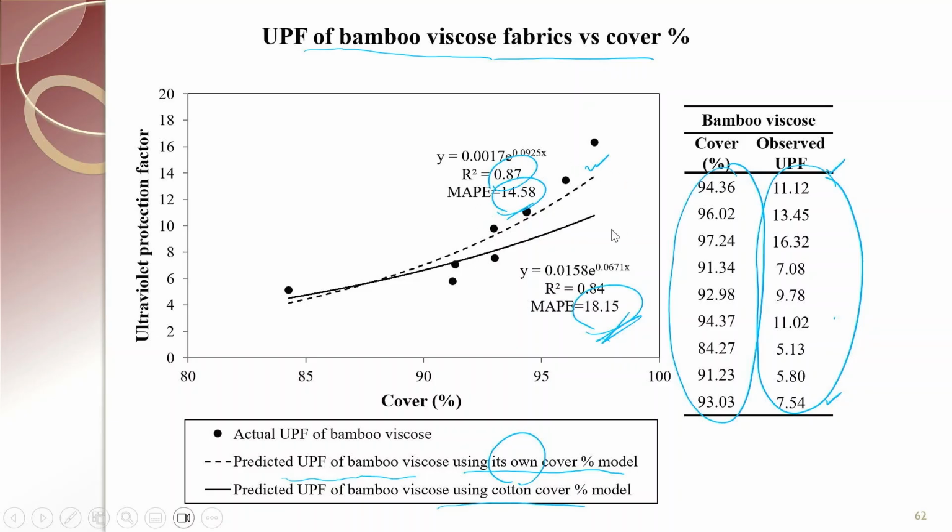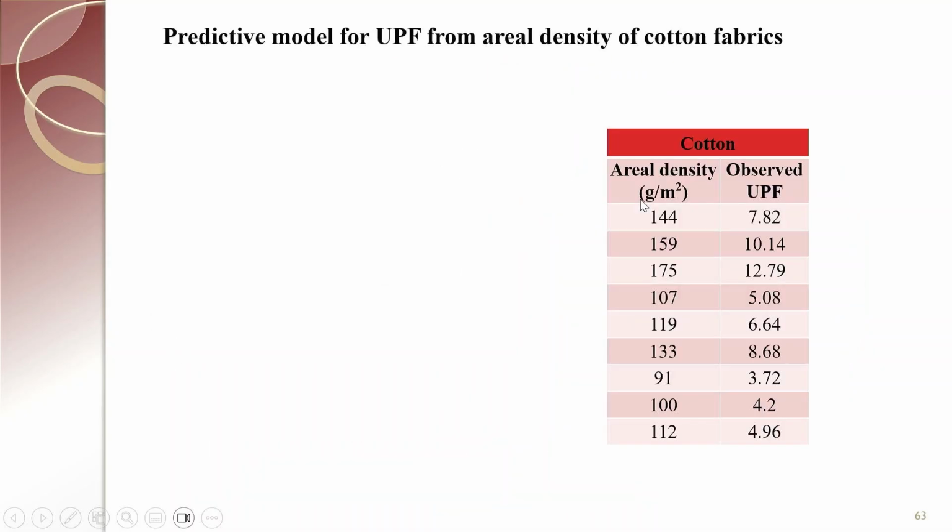Then we thought that let us go for the areal density, and see how areal density impacts the UPF value. So, we tried to understand the predictive model for UPF from areal density of cotton fabric.